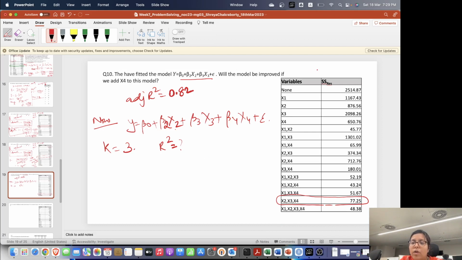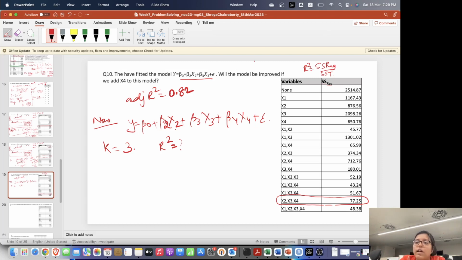that model y equal to x2 plus x3. R square is what? Explained variance, sum of squares due to regression by sum of squares total. Now when I am adding more variables, this R square value is going to increase, right, because more of the total variation is being explained by addition of a new variable.